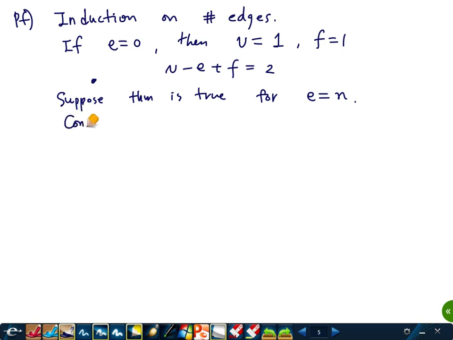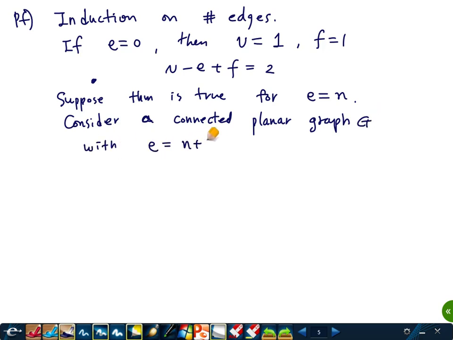So consider a connected planar graph, say G, with number of edges n plus 1.